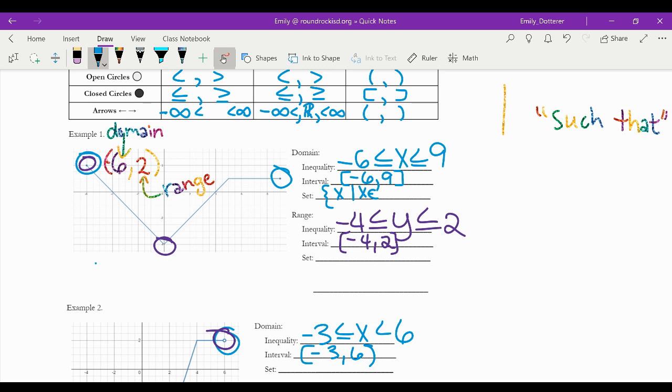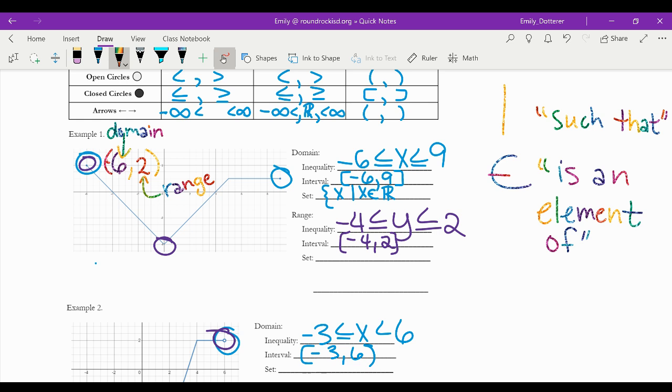X. That E means is an element of, which means that it's part of all real numbers. So any number that you know of right now is a real number.